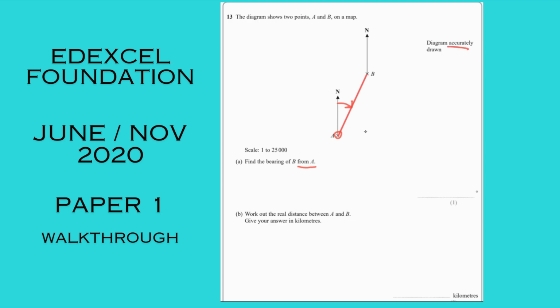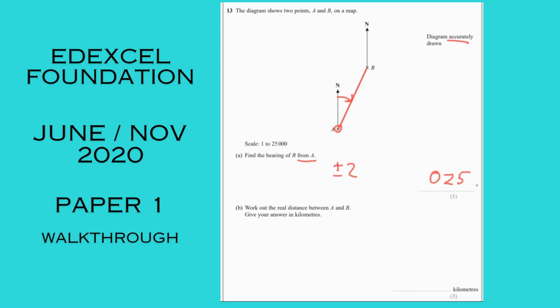So it's accurately drawn. That's why you need to get your protractor out. If you measure it accurately, it's bang on 25. It needs a 0. Bearings are always written in 3 digits. You are allowed to be within 2.